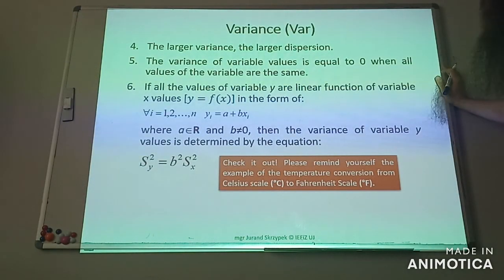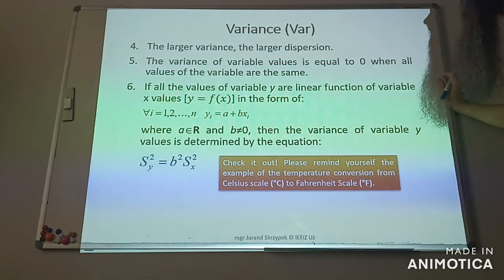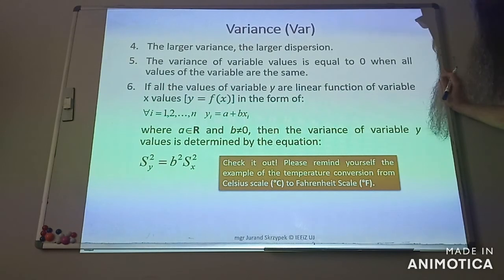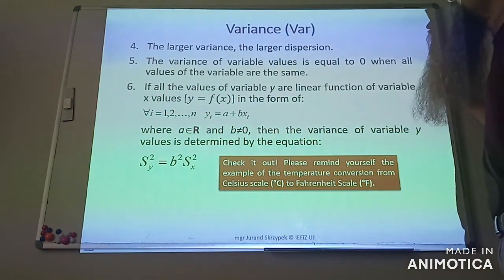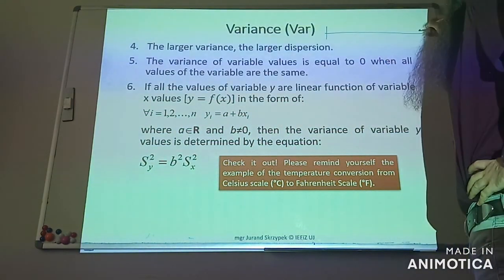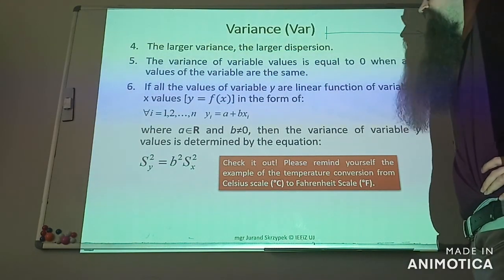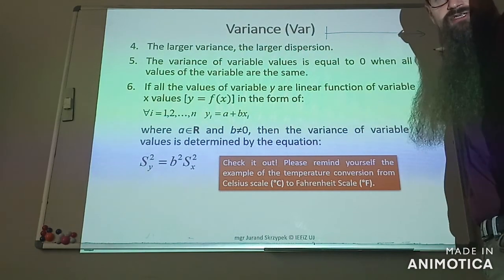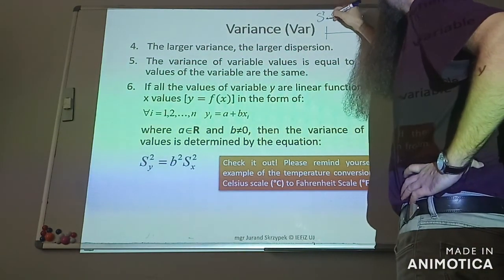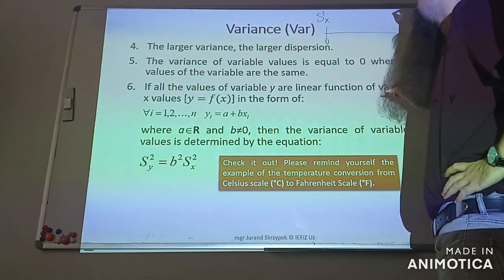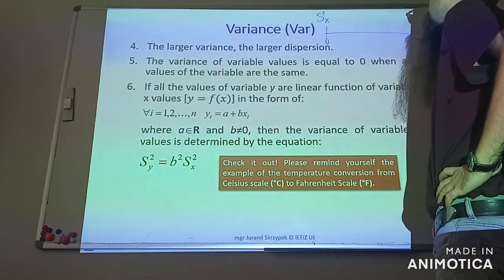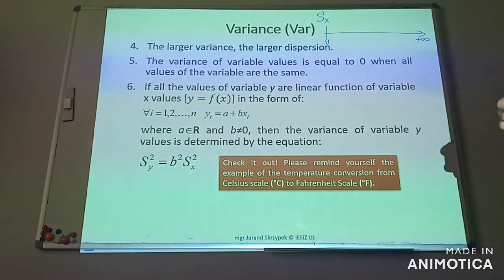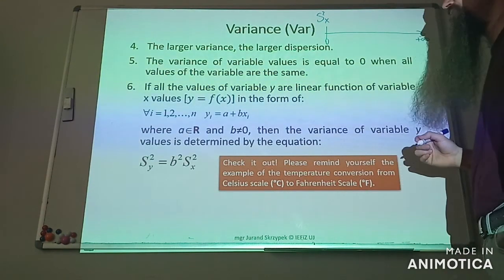Here we have the next features of the variance. The fourth feature is: the larger the variance, the larger the dispersion. Let's imagine the axis which represents the values of the variance, from 0 up to plus infinity, because we know that the variance takes only non-negative values.